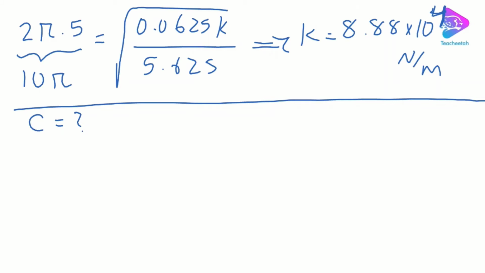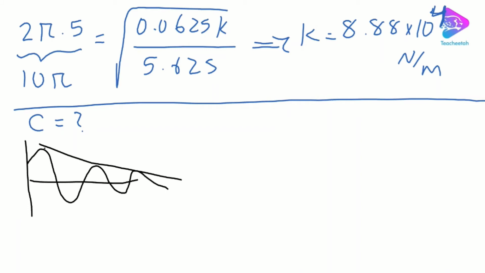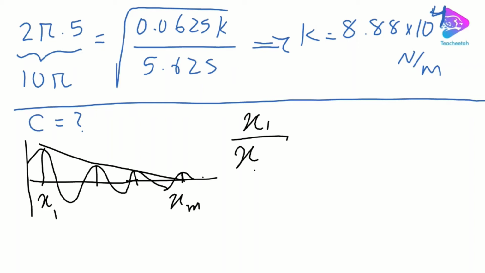So for example, if this is the behavior, I told you we can find the relationship between the amplitudes at each cycle. Generally speaking, if this is x1 and we have xm at the mth cycle, we can write x1 over x(m+1), which is the amplitude at the first cycle and the (m+1)th cycle, is equal to e to the m zeta omega n tau d.